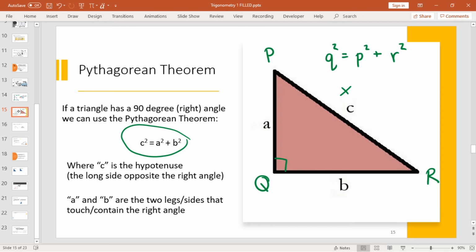And the only stipulation is this side, C, or whatever you're going to call it, must be the hypotenuse. And it doesn't matter about the two legs. They can be here or there. However, if you did want to solve for B, you would have to use B squared equals C squared minus A squared. Okay? Because if you have the hypotenuse, you're going to be using subtraction.